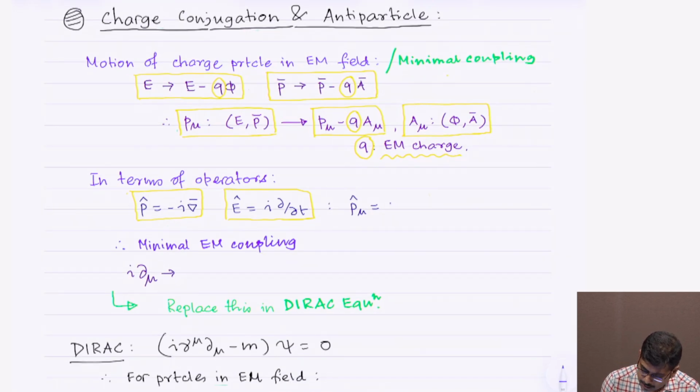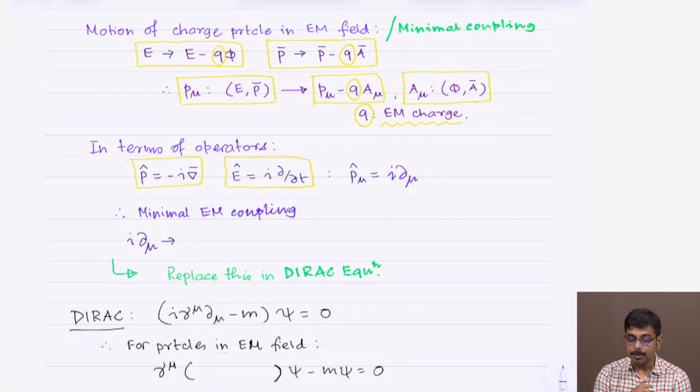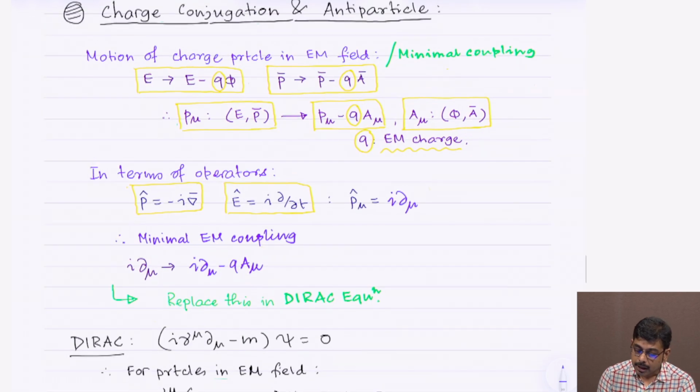I should write it as i∂^μ, correct. Now, if I want to change p^μ to p^μ − qA^μ, then this i∂^μ goes to i∂^μ − qA^μ for this minimal coupling with the electromagnetic field.